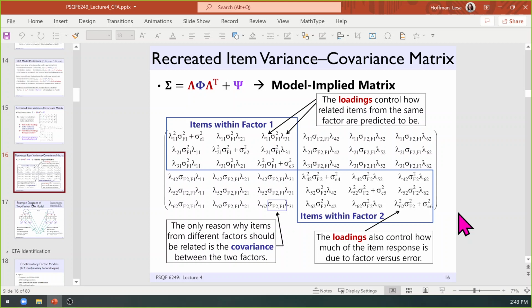That's the purpose of this, showing what is the prediction, or the pattern that your item parameters and your factor parameters are making, and how that translates into what the model says the relationships among the items should look like. It's factor variances, covariances, and loadings that are responsible for predicting covariances.